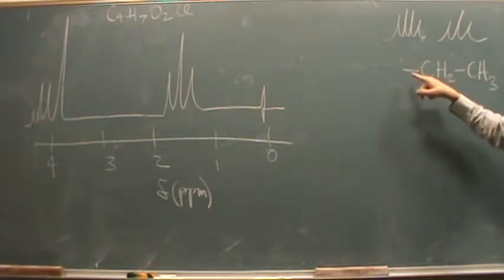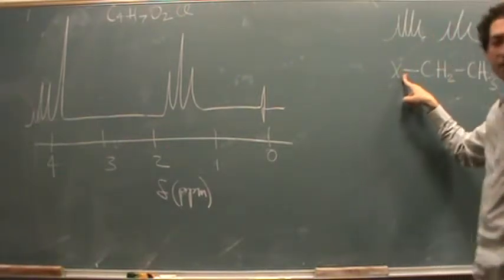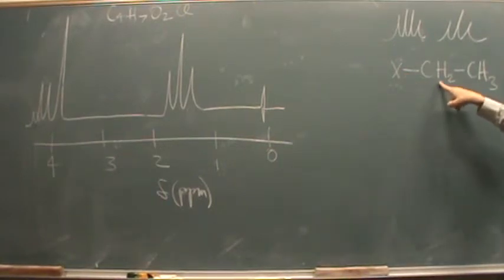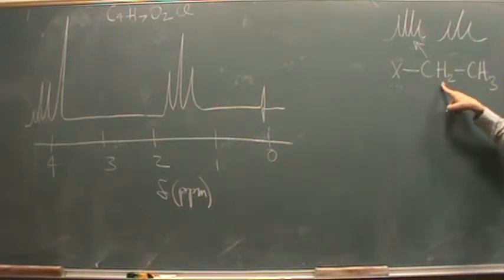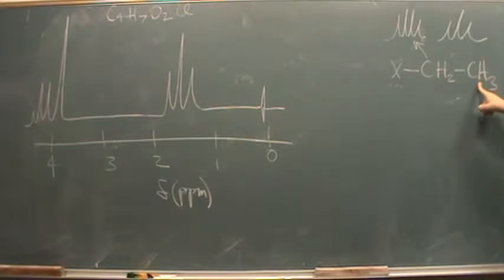So for example, if you have an ethyl group and there's no hydrogens nearby, this would give a quartet. So that would be this peak right there, because it's near 3 hydrogens, you add 1, that's 4. This one would give a triplet, because it's near 2 hydrogens, you add 1, that's a 3. So that would be that one.